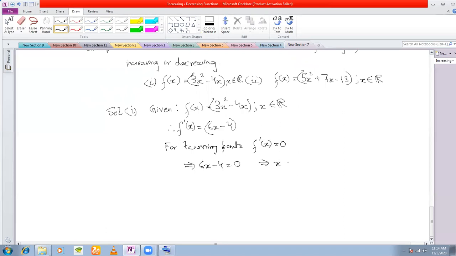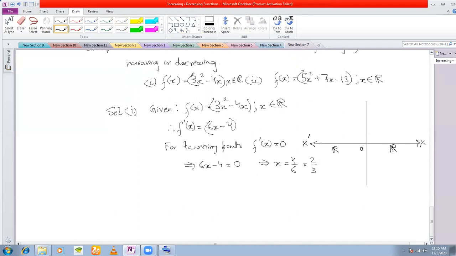So you get x is equal to 4 by 6, that means 2/3. So we get only one value of x, which is 2/3. Now look at this graph here. You have this as your origin. These are all your x values, right? On the horizontal axis. These are all real values.